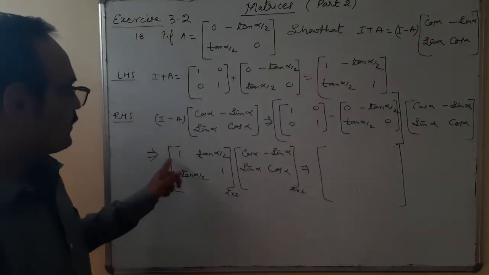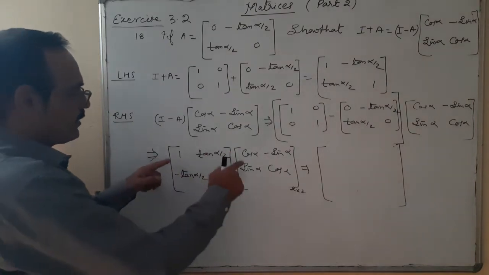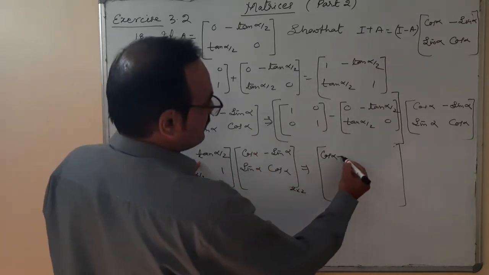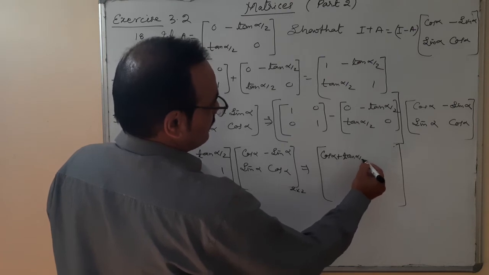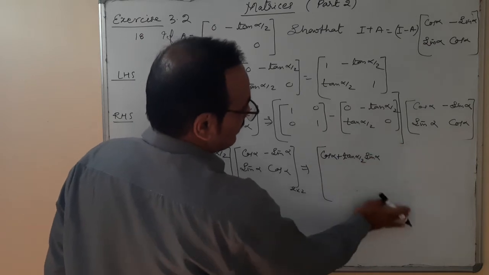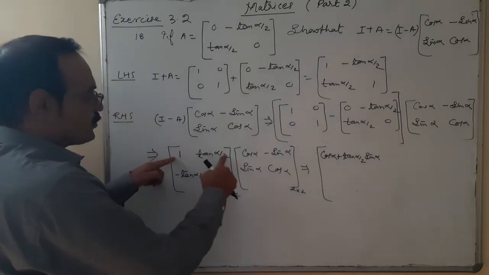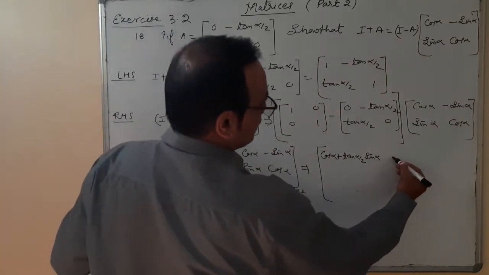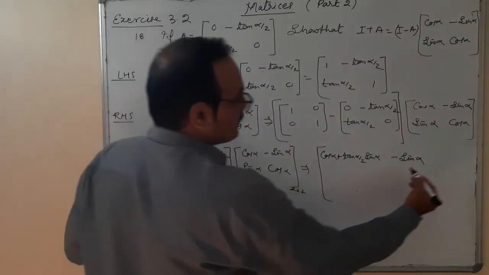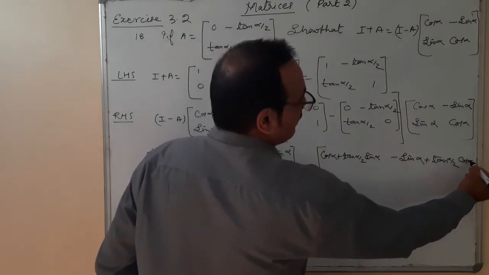Okay. So multiply. First row multiplied by first column: cos alpha plus tan alpha by 2 into sin alpha. This is the first element. First row multiplied by second column: minus sin alpha plus tan alpha by 2 into cos alpha.